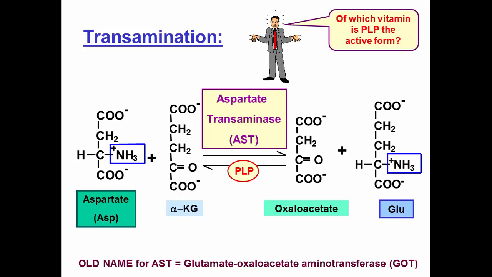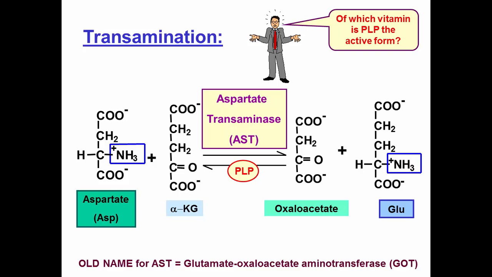Okay, sorry, I lost my train of thought. So it's a way of transferring amino nitrogen from other amino acids to glutamate. Once we get into the glutamate, then that can feed nitrogen into the urea cycle. That's our next step. We're going to be going to the urea cycle in a moment. The other point is it's a way of interchanging and moving amino nitrogen around.